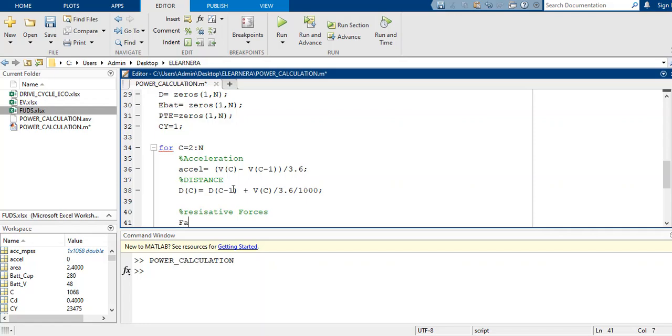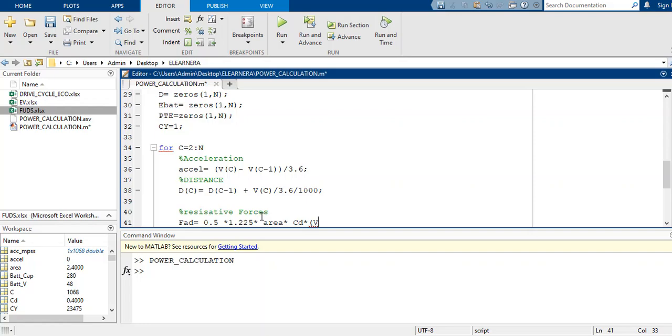So for the resistive force of aerodynamic drag, we have a formula of half into 1.225, that is rho, into area, into CD, means coefficient of drag, into velocity, that we have to put in meters per second square.